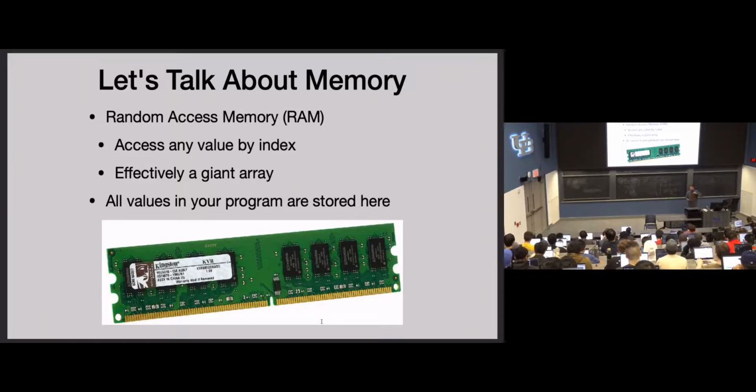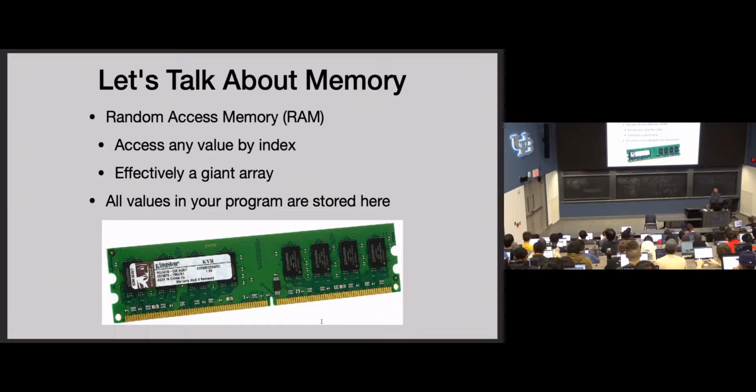This is going back to arrays, the data structure in Scala. I called that random access memory because you can access any value by index. Same thing here. You can access any value on this stick by its index. You say, give me the value at index whatever, or what we call memory addresses, and you can access that value directly.